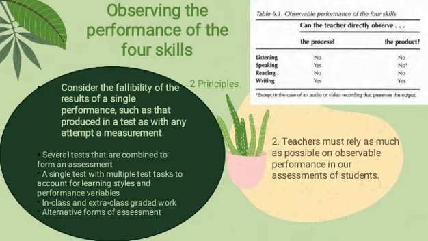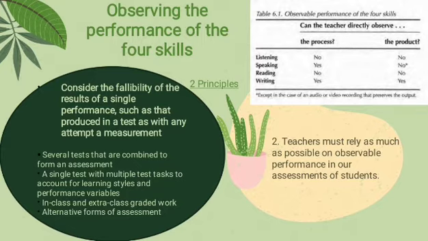Here there are four triangulations. The first is several tests, which are combined to form an assessment. The next is a single test with multiple test tasks to account for learning styles and performance variables. And the next, in-class and extra-class graded work. And the last, alternative forms of assessment.